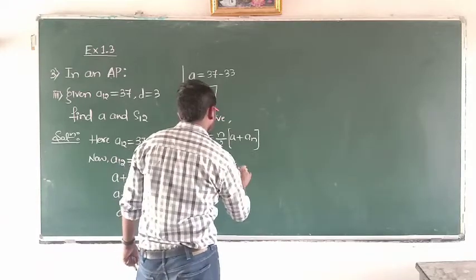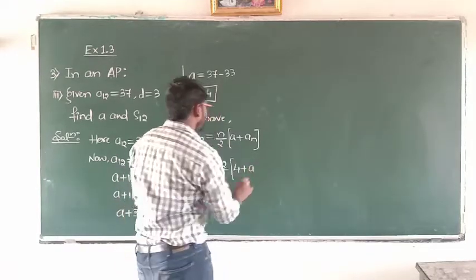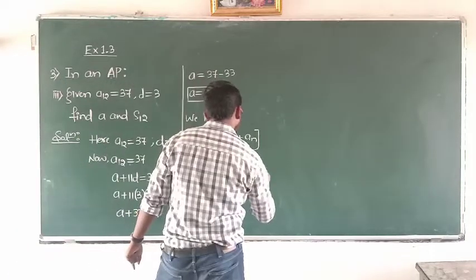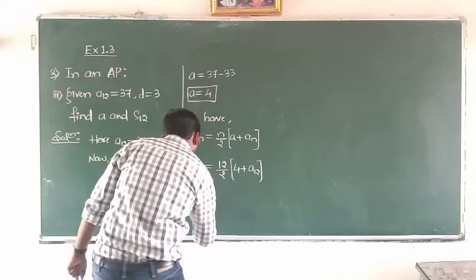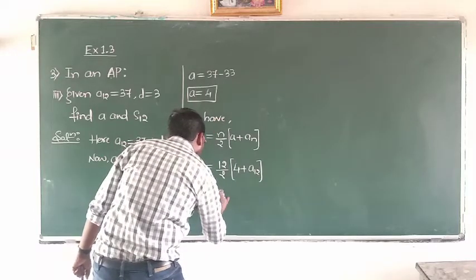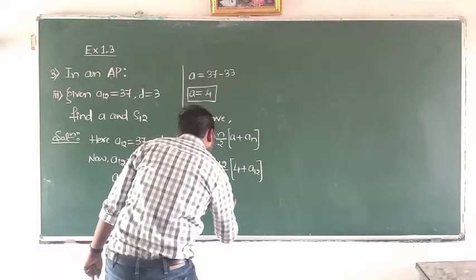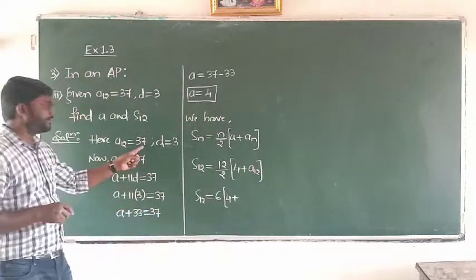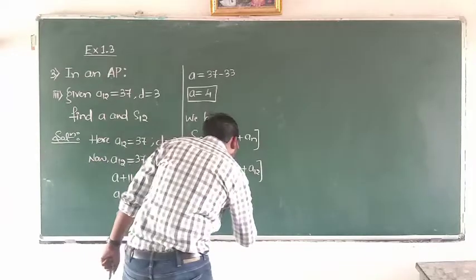It is 4, plus A12, since the value of n here is 12. So S12 is equal to 12 by 2, it is 6, then inside the bracket 4 plus A12. The A12 value is 37, so add 37 here.